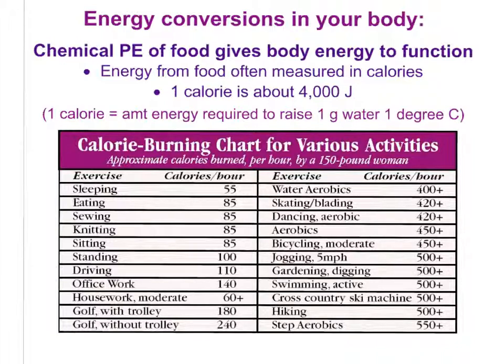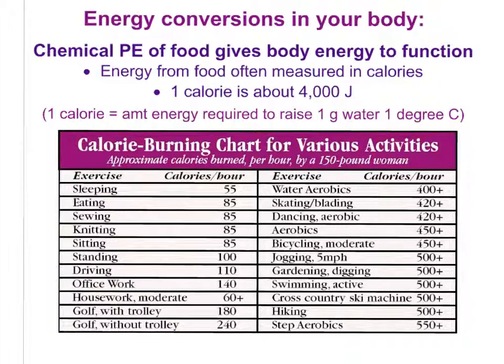We use calories a lot of times when we're talking about energy conversions in our bodies. How many calories does our body use? In other words, how much energy does our body use to do certain functions? Here's a little chart showing different functions and how many calories an average 150-pound woman might use, how much energy she would use to do some of these different functions for a given amount of time.